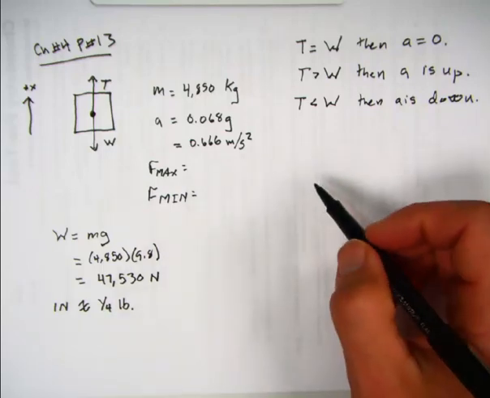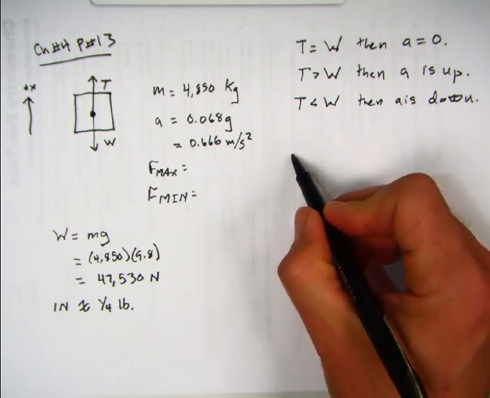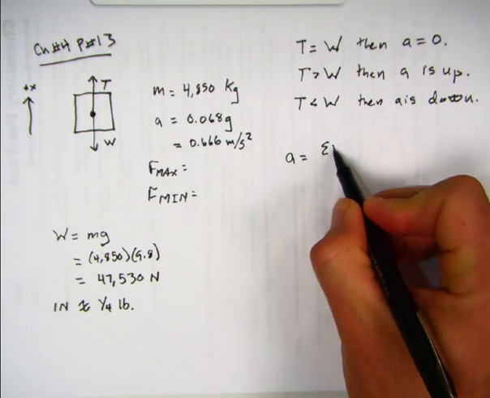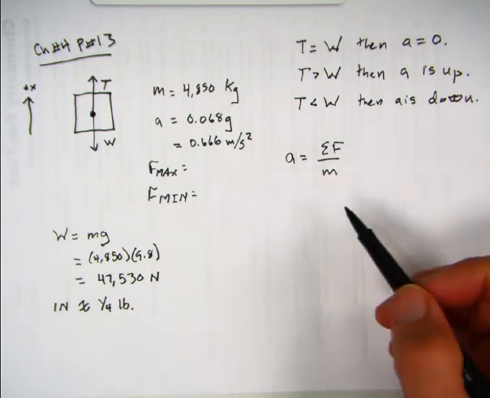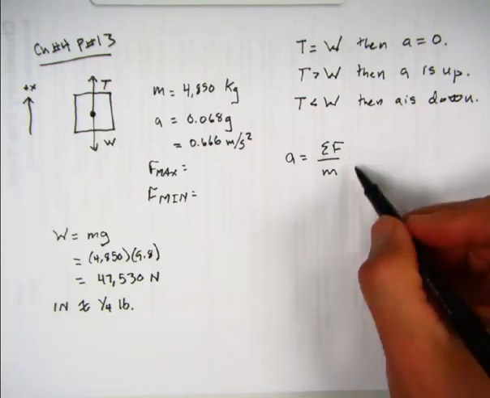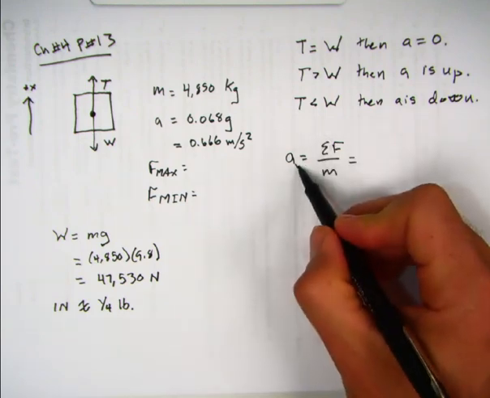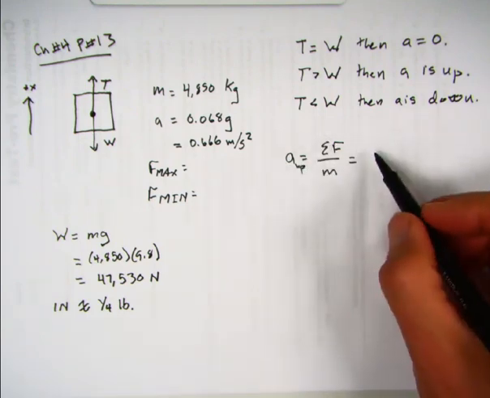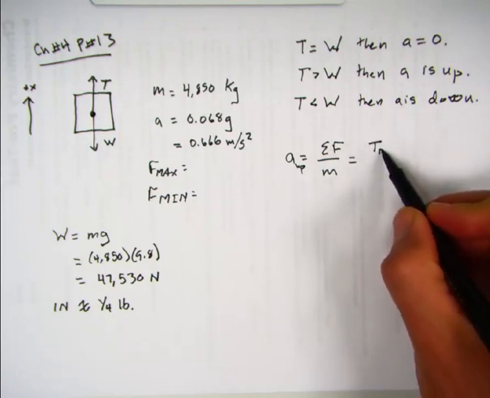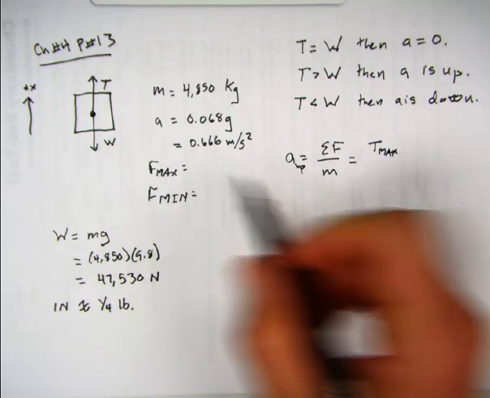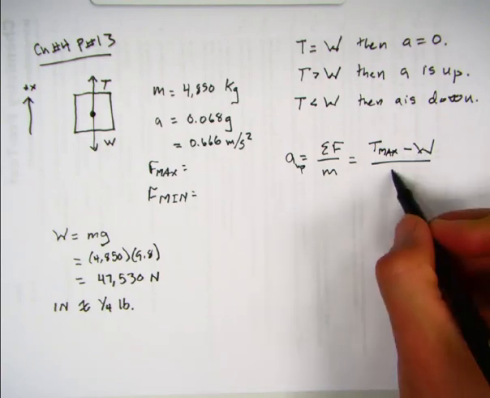Okay, let's put Newton's second law to work here. The acceleration of this elevator is going to be the net force acting on it divided by its mass, right? This is true for all objects, according to Isaac Newton. So let's find the upwards acceleration of this elevator. Here we would have some tension max, so this is our strong tension force minus the weight, divided by the mass.